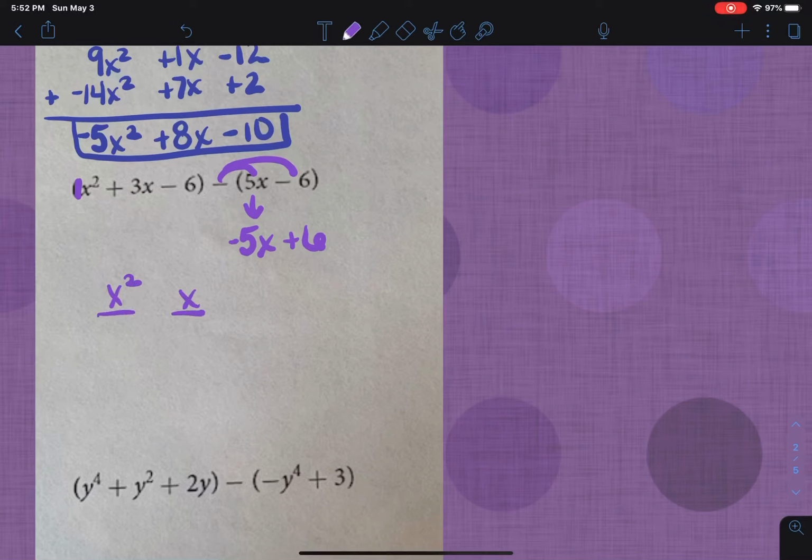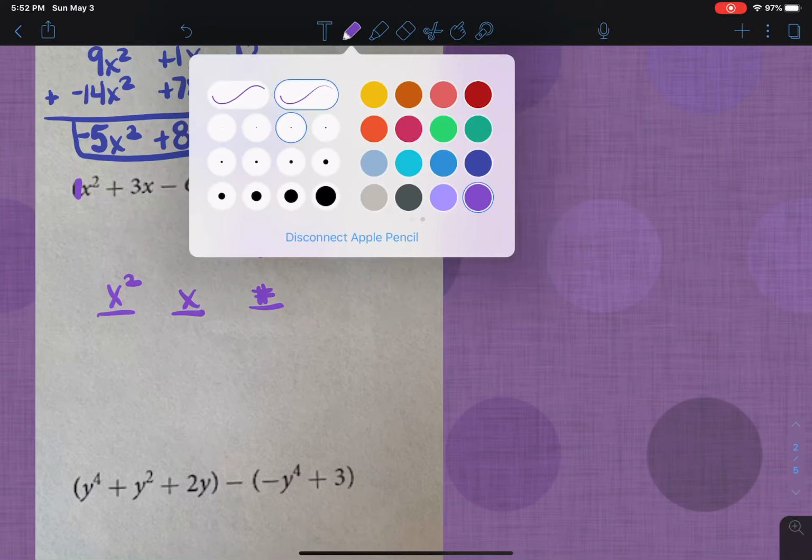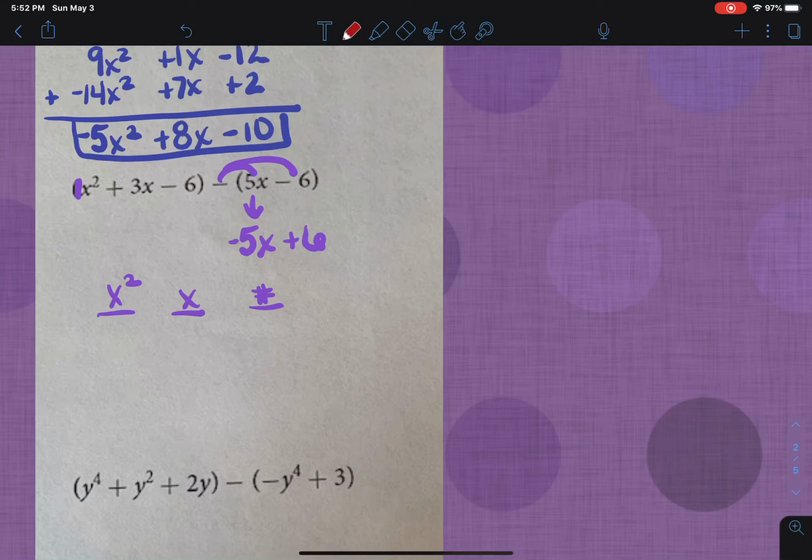So x squared, x, and then your number. So 1x squared plus 3x minus 6. And then when I go to do this one, I'm going to go to the second row. So negative 5x and then plus 6.